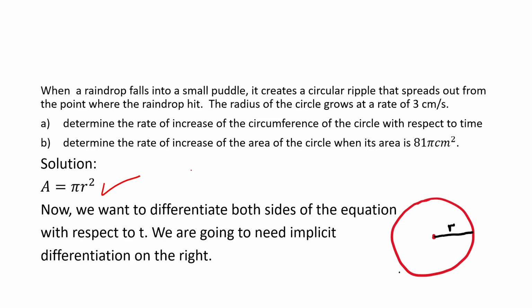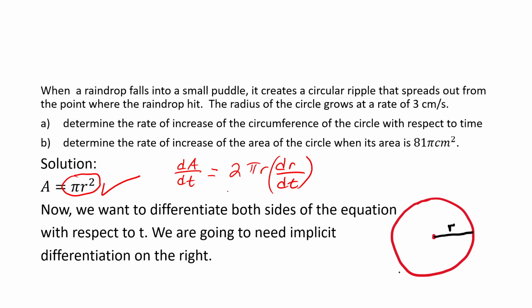Now, what we're going to do is differentiate both sides of that equation. So the derivative of area with respect to time will be, applying the power rule on pi r squared, 2 pi r. But we're differentiating with respect to time, not with respect to radius, so we have to multiply that by dr over dt.